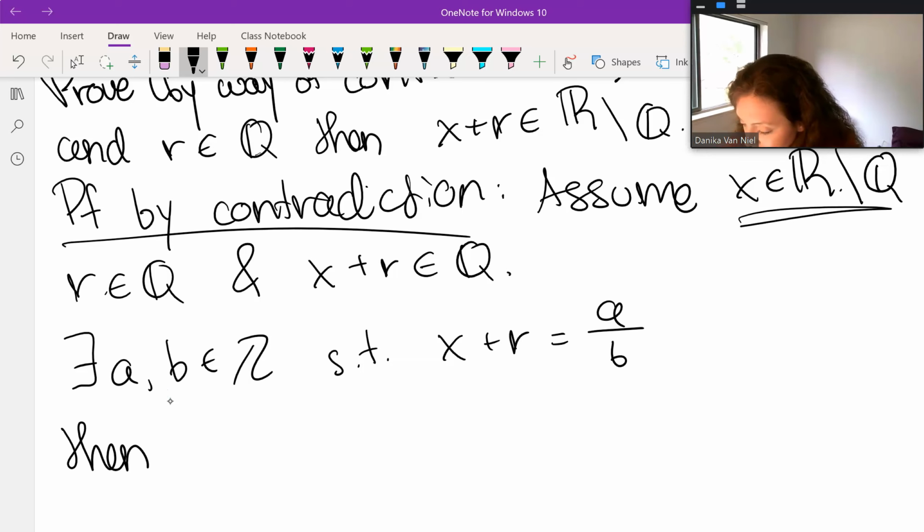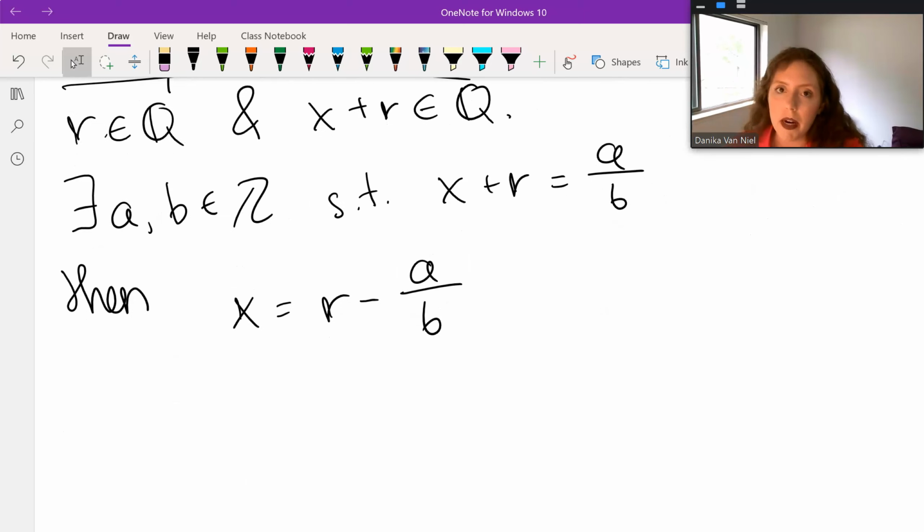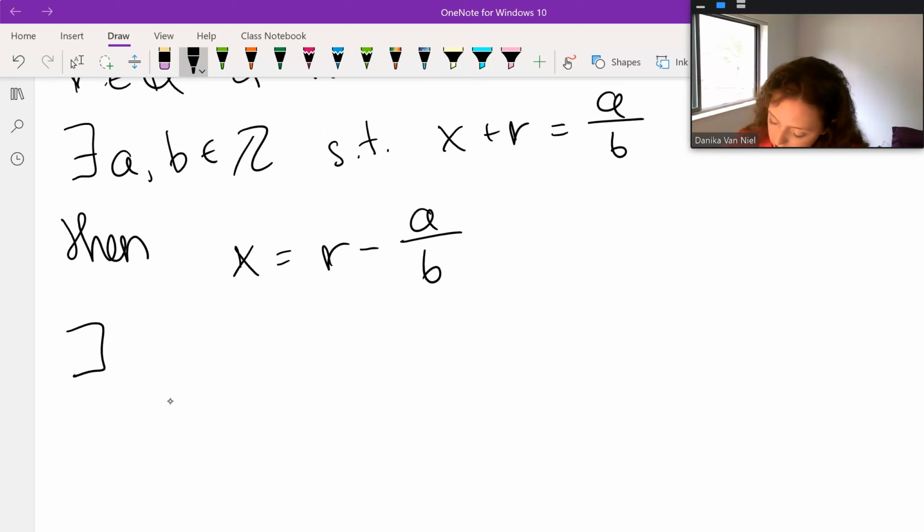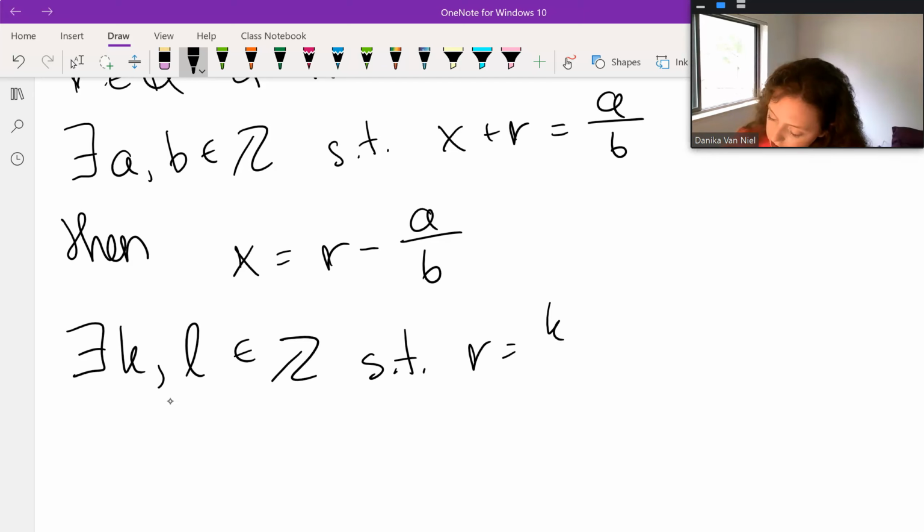Then, so I'm trying to get to this thing. x equals x plus r minus r, which is a divided by b minus r. But we know that the rationals are closed, so if you subtract 2 rationals, you get a rational back. So we could just say that, or we could say there exists a k and an l in the integers such that r equals k over l.